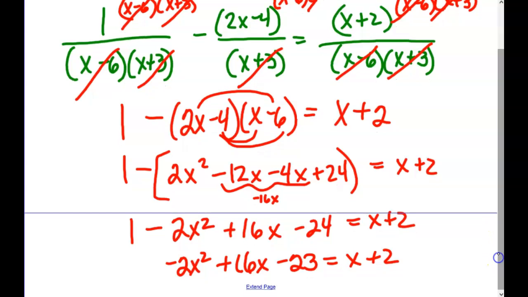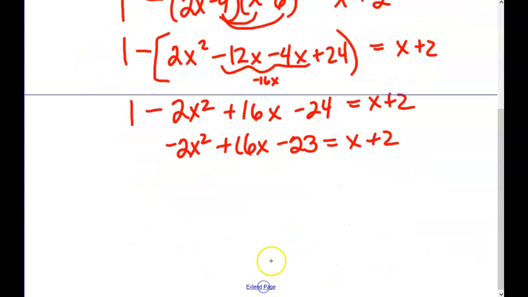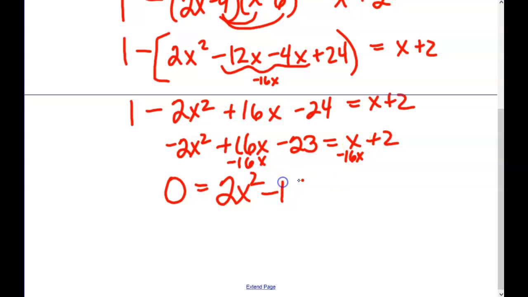Okay, thinking we should have skipped this one too. I'm going to move everything to the right because, again, I want that 2x squared to be positive, so I'm adding it over there. I'm subtracting 16x from the one that was there, so that's a negative 15x. And adding 23 over there is 25.